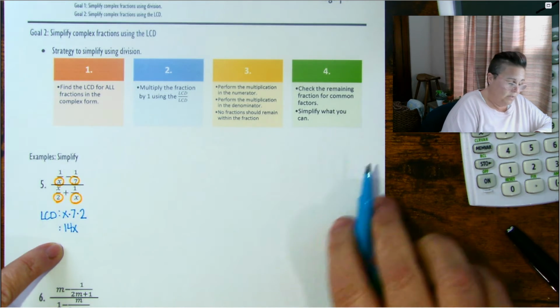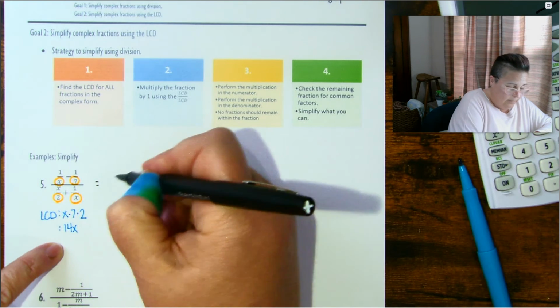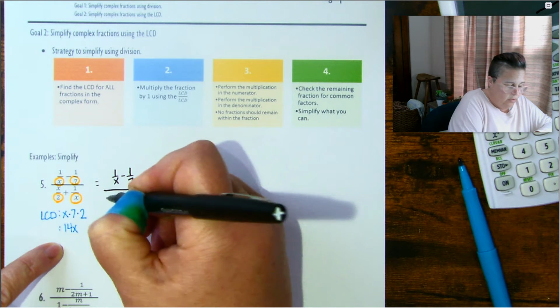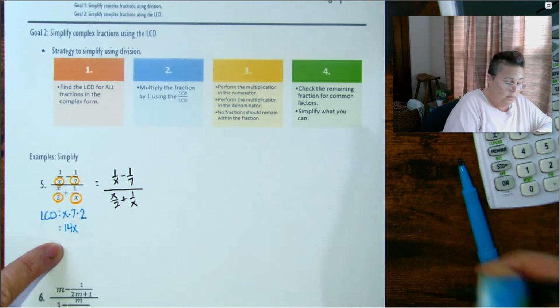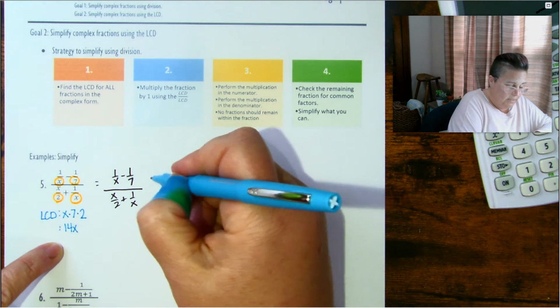So what do we do? We take 1 over x minus 1/7 over x over 2 plus 1 over x. And we multiply both the top and the bottom by 14x.